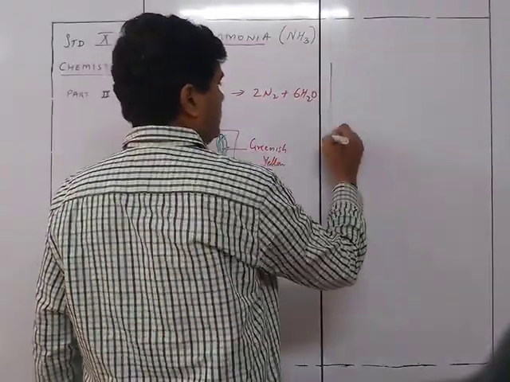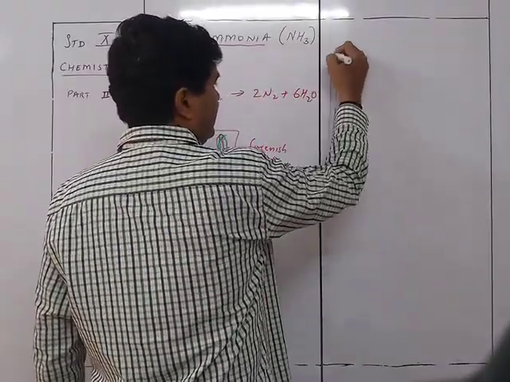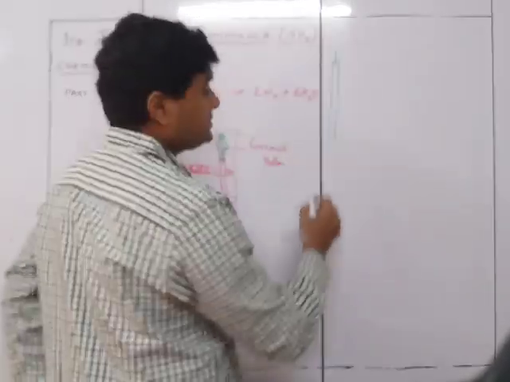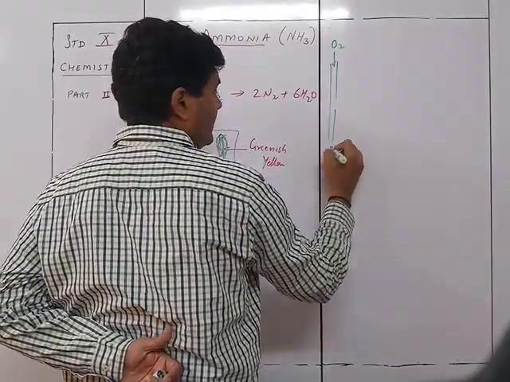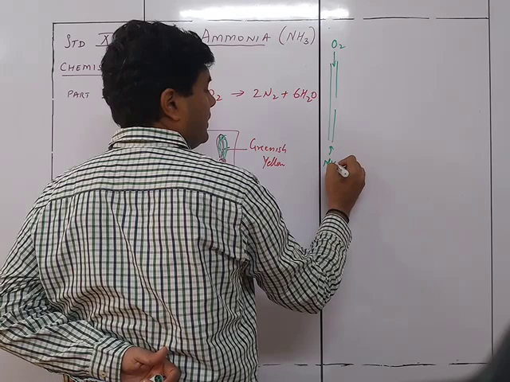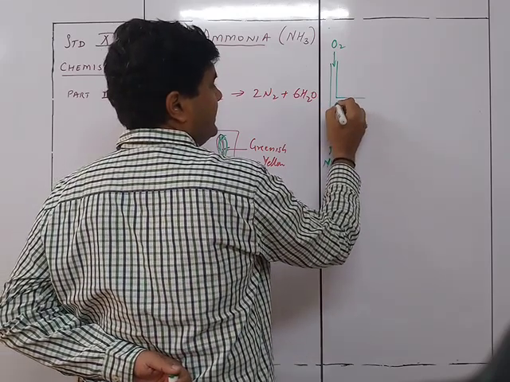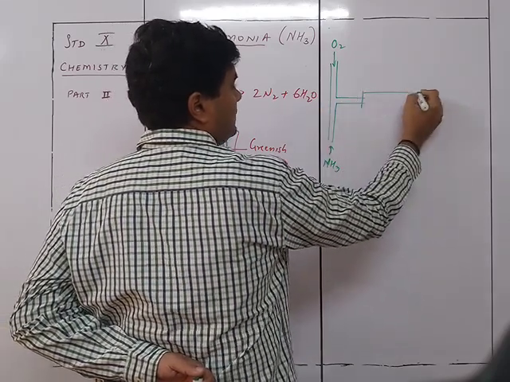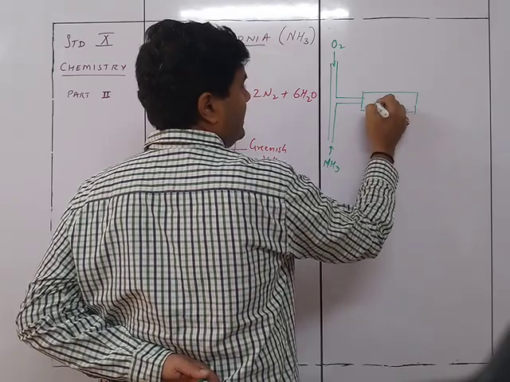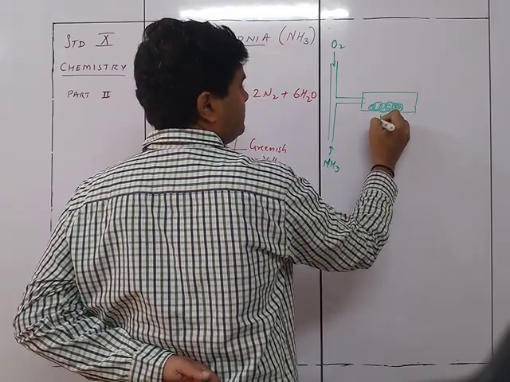In the same process, in a similar one, you are taking two gases in this manner: the first part is oxygen O2, and from here you are taking NH3, and you are passing these into a combustion chamber containing catalyst, which is platinum.